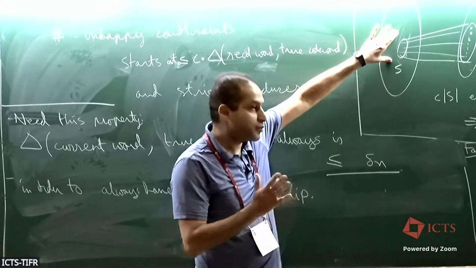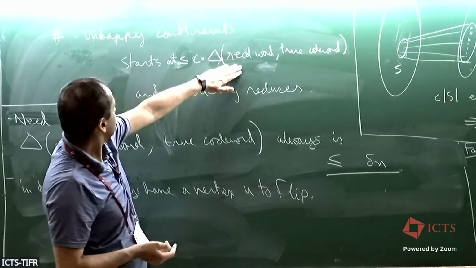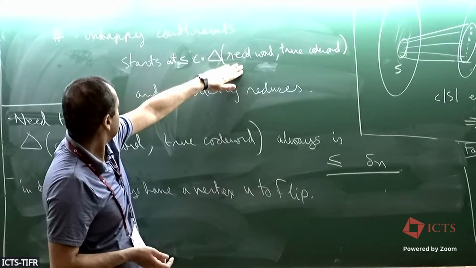And the number of neighbors is at most C times the size of S. So it starts off at that.